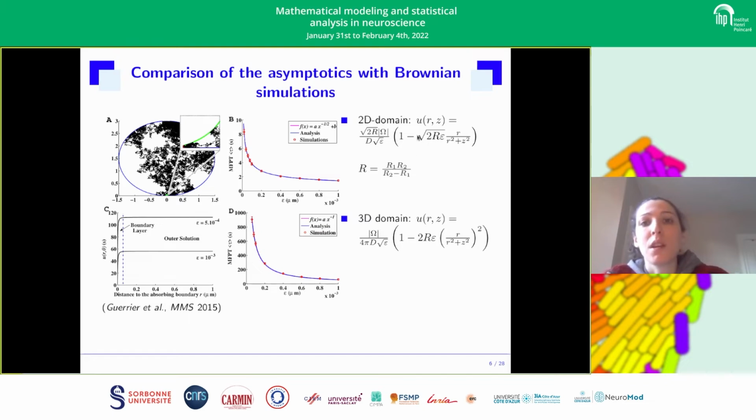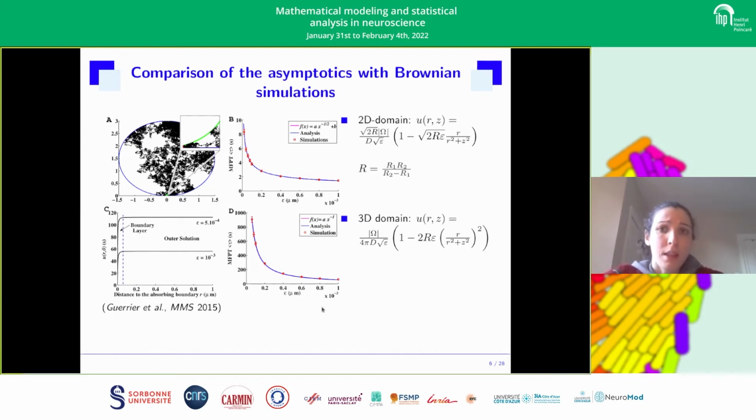This is what you see here, and is given by this formula. Epsilon is the size of the absorbing window. The 3D domain is the same. Sorry, there is no square root here. This is a mistake. This is 4 pi d epsilon. We could check this versus Brownian simulation, and it gives excellent results, as you can see.